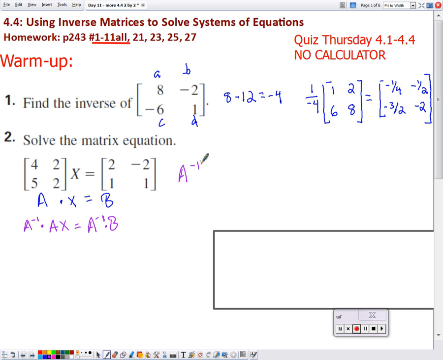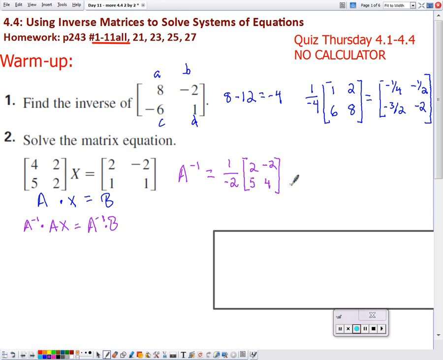So here we go. A inverse, well, we need to start with 1 over the determinant. Now the determinant is going to be 4 times 2 is 8 minus 5 times 2, which is 10, so 1 over negative 2 times, I'm going to switch A and D, and I'm going to negate B and C. Okay.